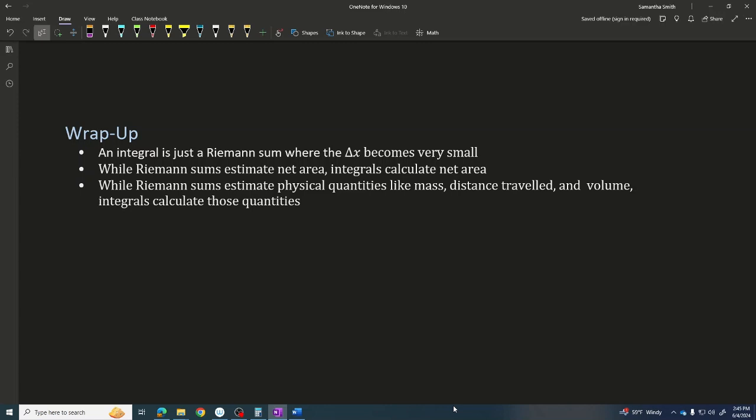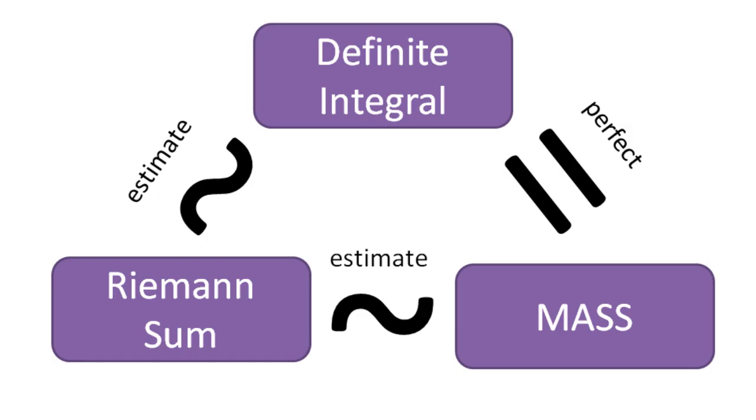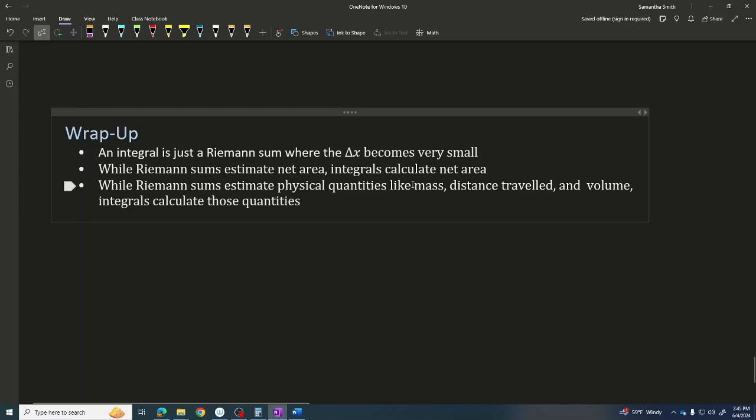They're approaching zero. The major difference between a Riemann sum and an integral is that Riemann sums estimate while definite integrals calculate perfectly. Riemann sums estimate net area, integrals calculate net area. Riemann sums estimate mass, distance traveled, and volume, whereas integrals calculate mass, distance traveled, and volume.